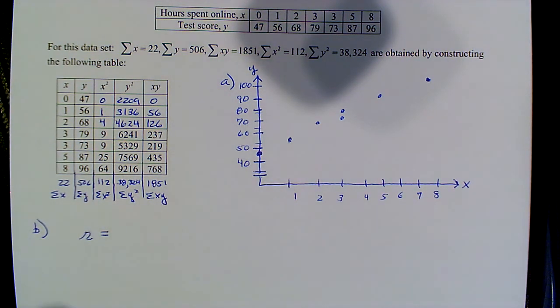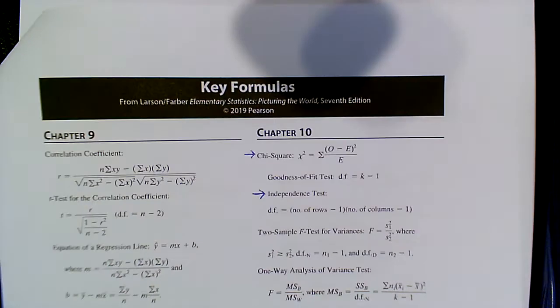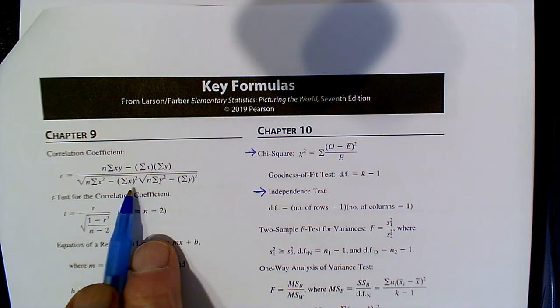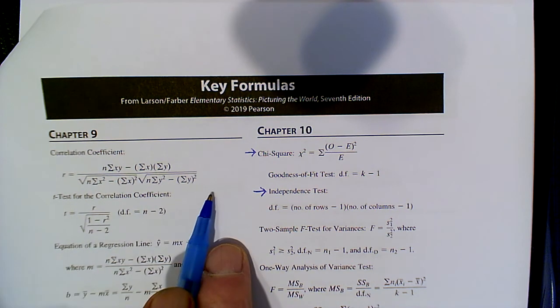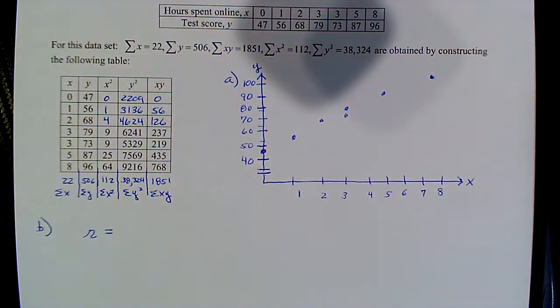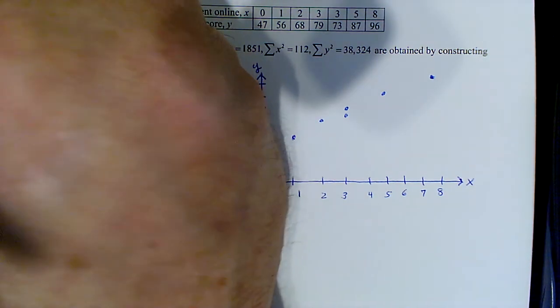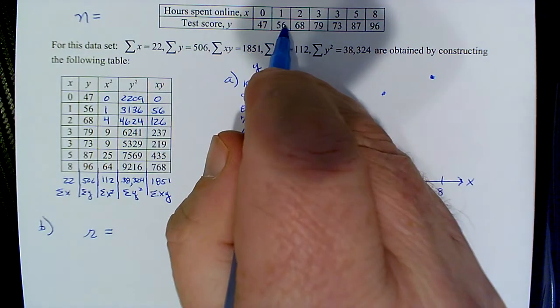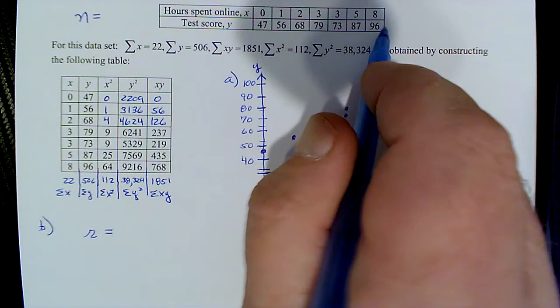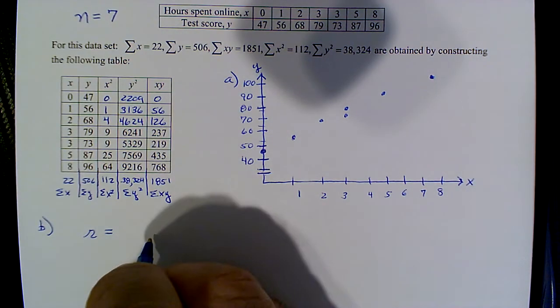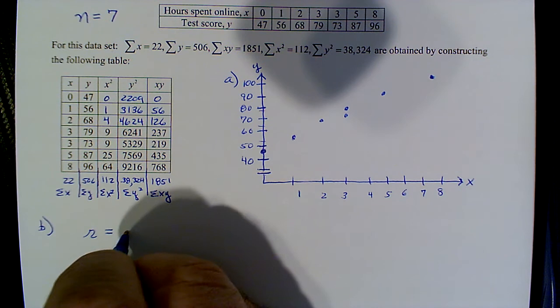We mentioned it on the previous page, but you can see it's right here on the formula sheet. Denominator helpful to separate into 2 square roots. First off, you might want to note how many data pairs there are. So it looks like 1, 2, 3, 4, 5, 6, 7 data pairs. So n is 7.